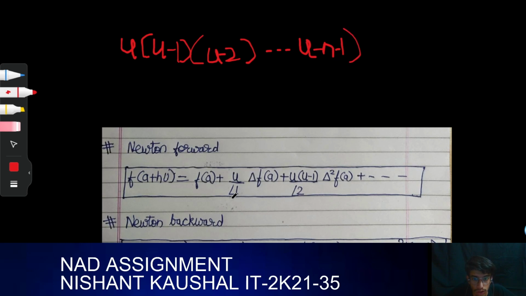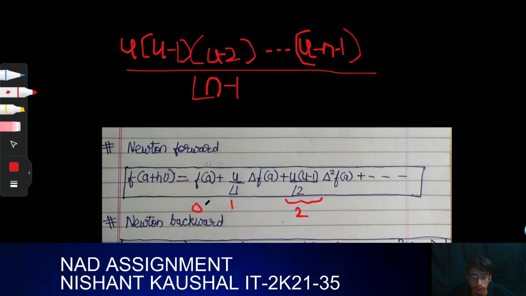Because let's see here, our second term, counting from 0, first, second, will be u into u minus 1, so here it will be n minus 1 upon factorial n minus 1, right?